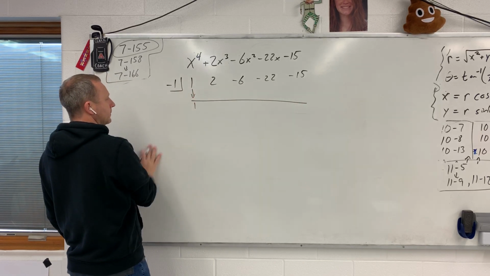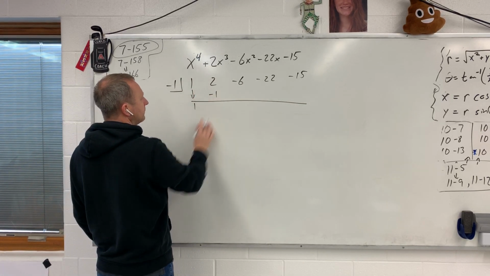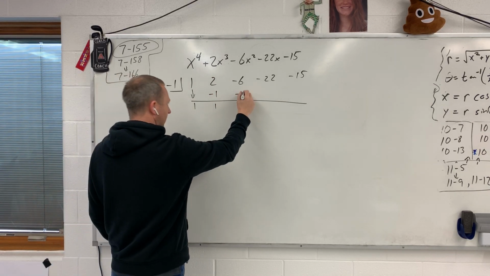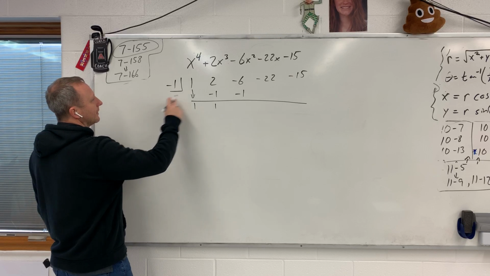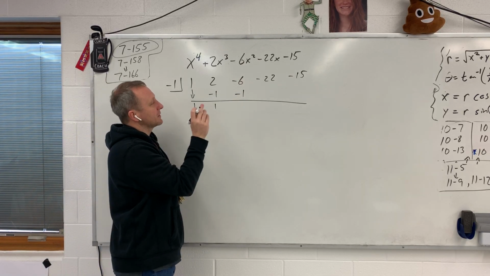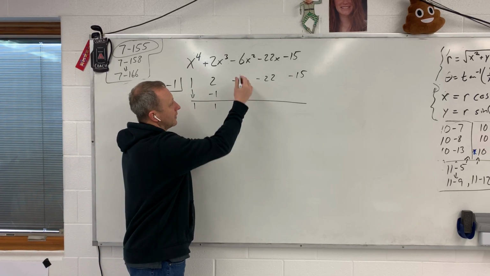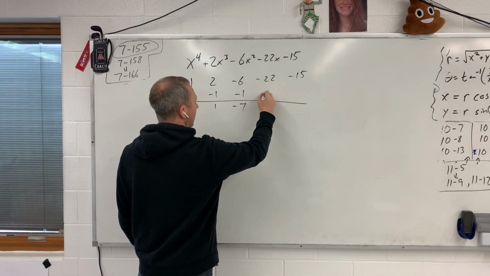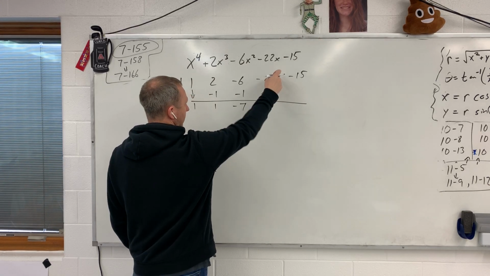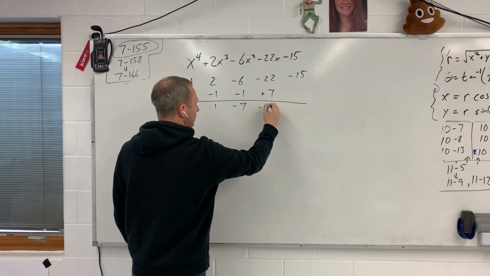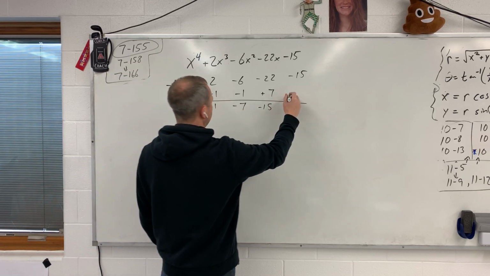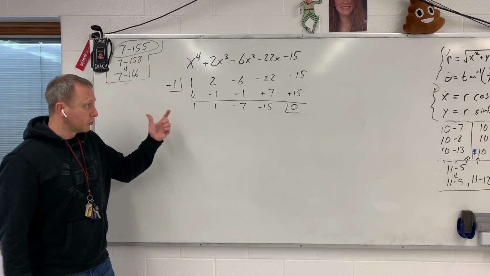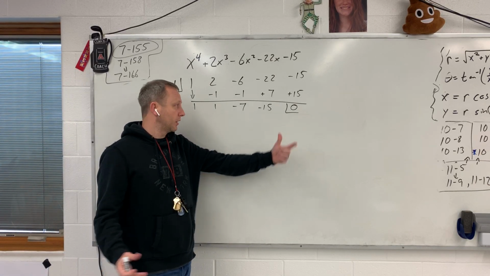Bring down that first one. -1 times 1 is -1. 2 minus 1 is 1. -1 times 1 is -1. -6 minus 1, excuse me, is -7. -1 times -7 is +7. -22 plus 7 is -15. -1 times -15 is +15, and 0. And we know if it's an actual root, we should get a 0 remainder, which is good.